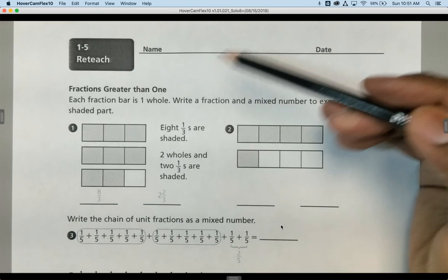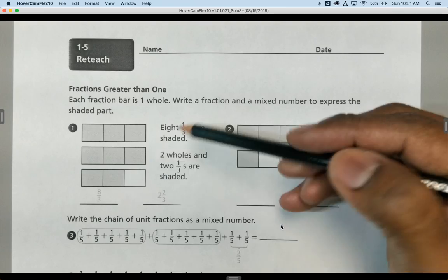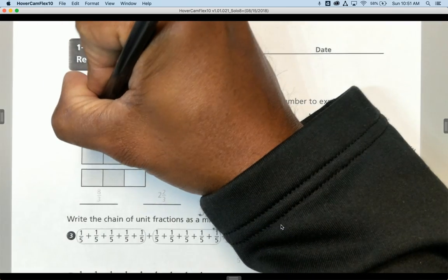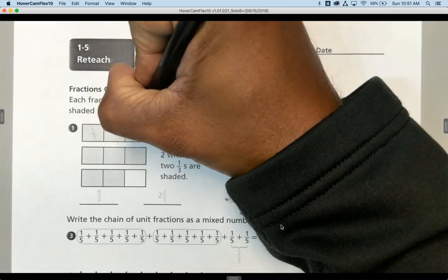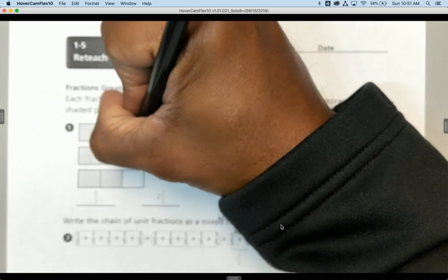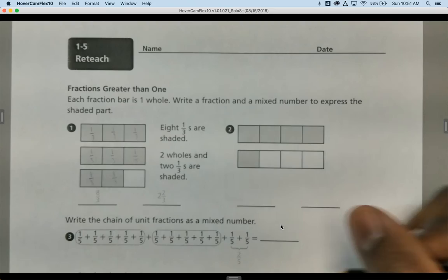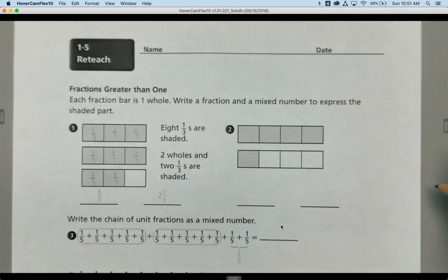Now, we can see from this visual model that, yes, I could think about each of these thirds on their own. That is true. And I can count them. And I can see and convince myself how there are, in fact, 8 of them that are shaded. But if I step back, I can also group them.